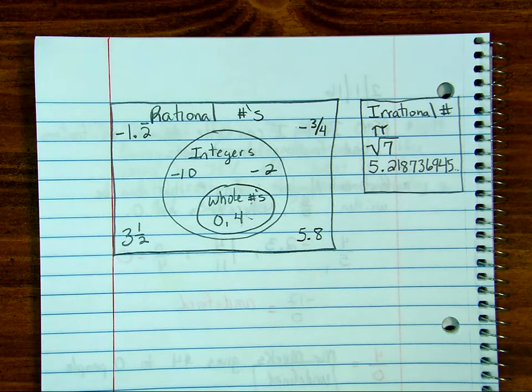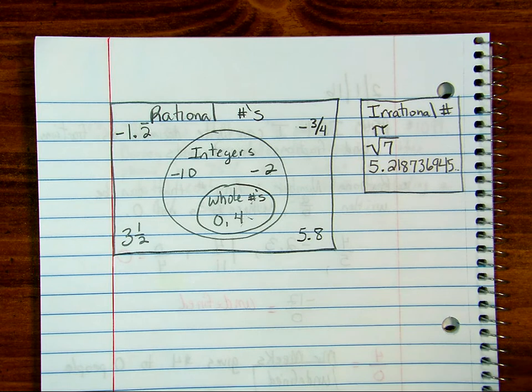Irrational number would be 5.2187369538271142368867420904. There's no pattern. No pattern at all.